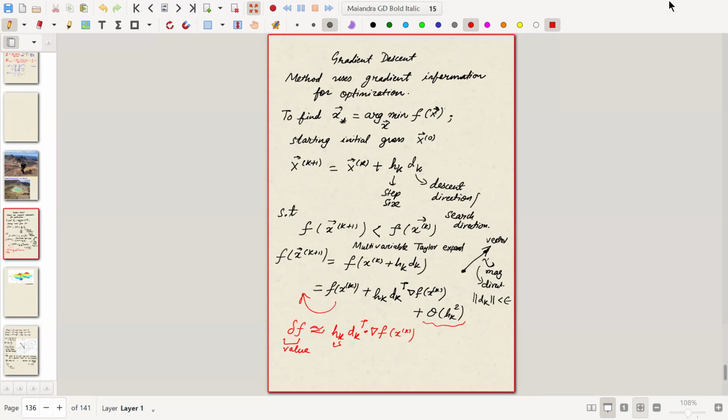So this is known as, I urge you to search in Wikipedia, the directional derivative in multiple dimensions. Directional derivative in the direction of which direction? dk.